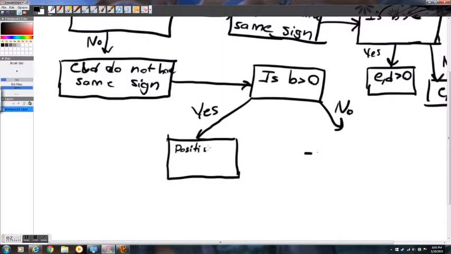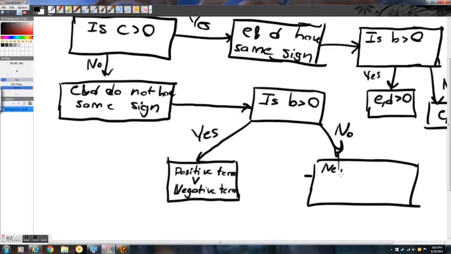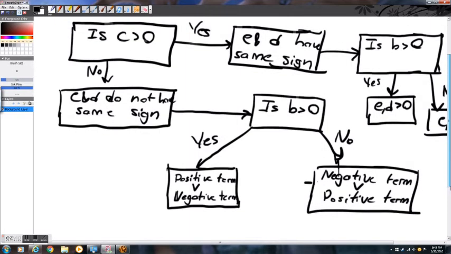If yes, then the positive term is greater than the negative term. If no, the negative term is greater than the positive term.